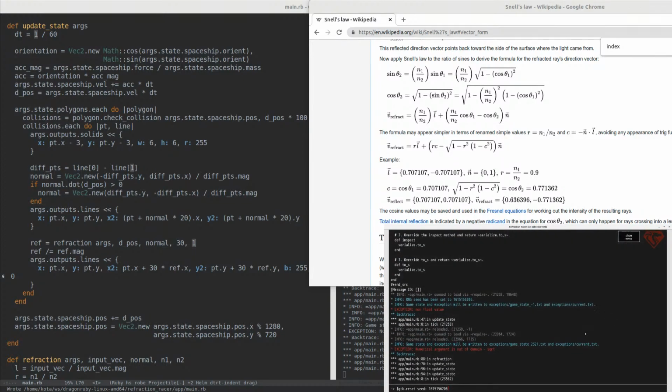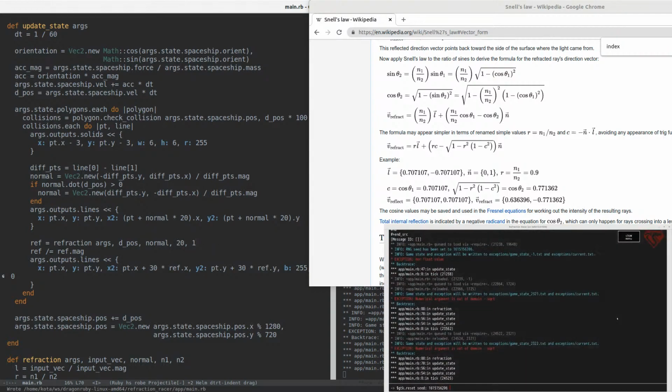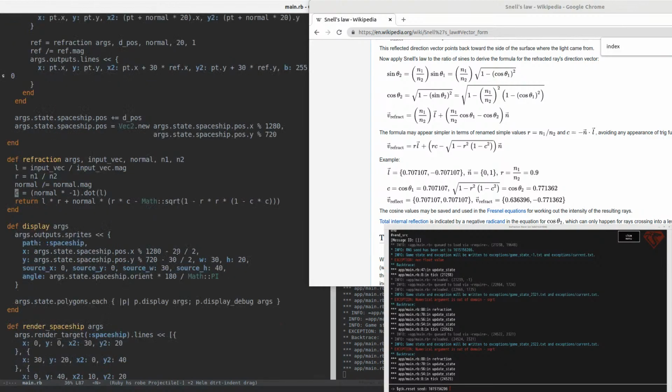Of course. Our square root domain. Why would it be out of range? For some reason now our C is equal to normal times the dot of L, which should be fine, I would have thought.